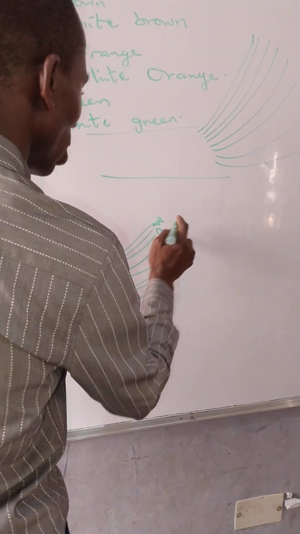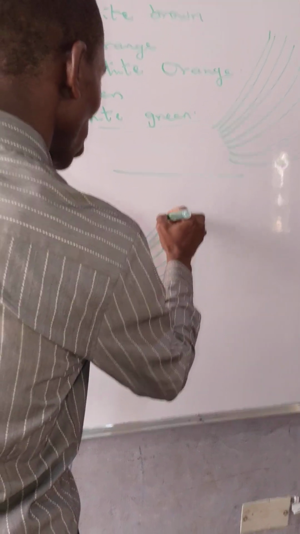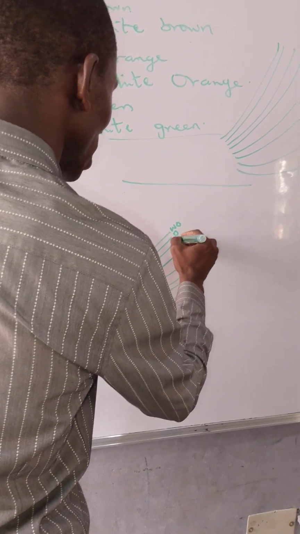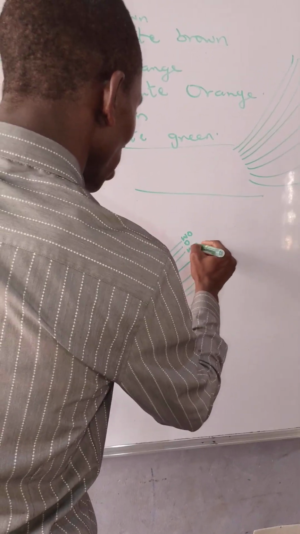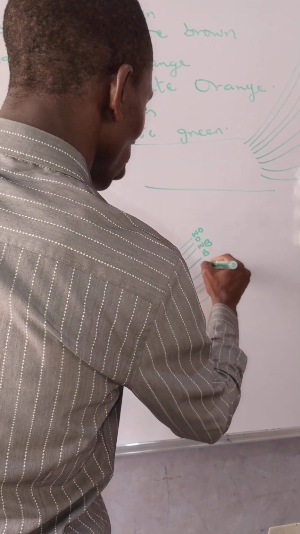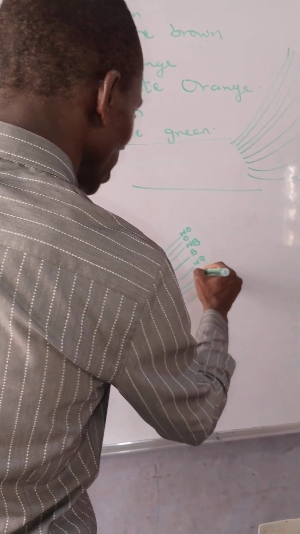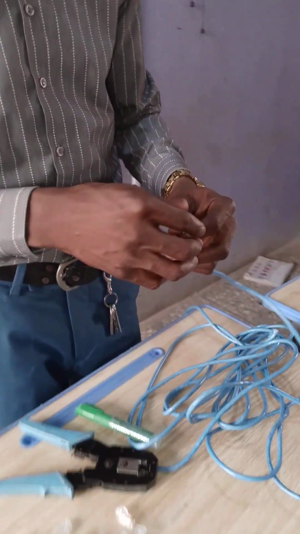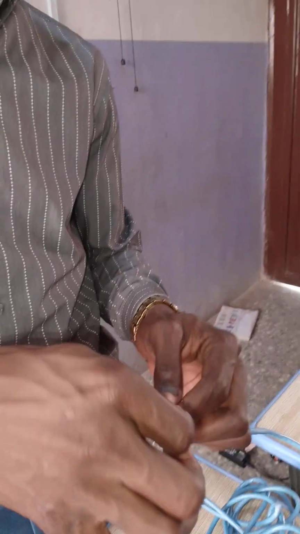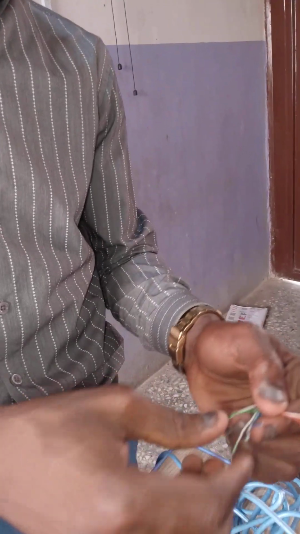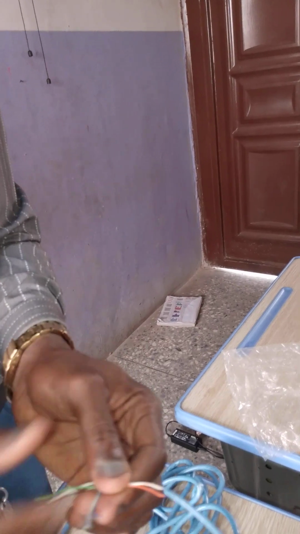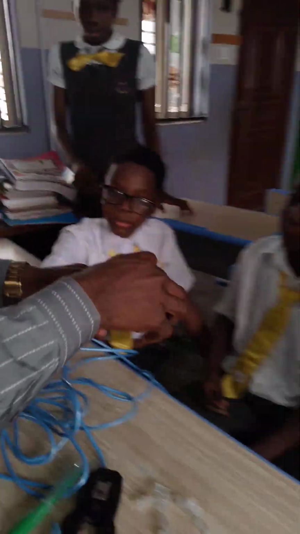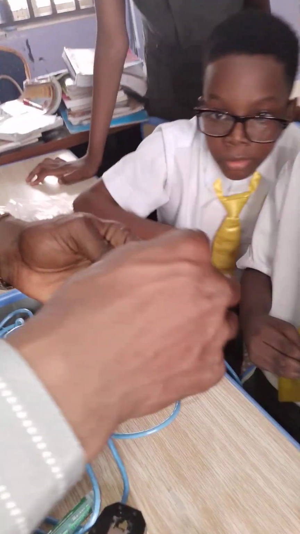White orange, orange. White blue, blue. White green, green. White brown, brown. I hope you understand that notation. You make sure they follow each other. You can stand up to move close and see. Don't push anybody, please.